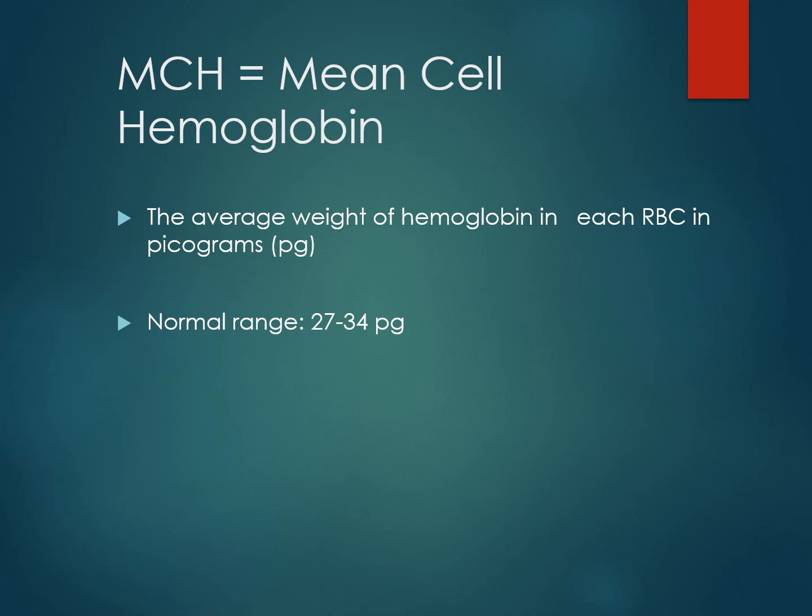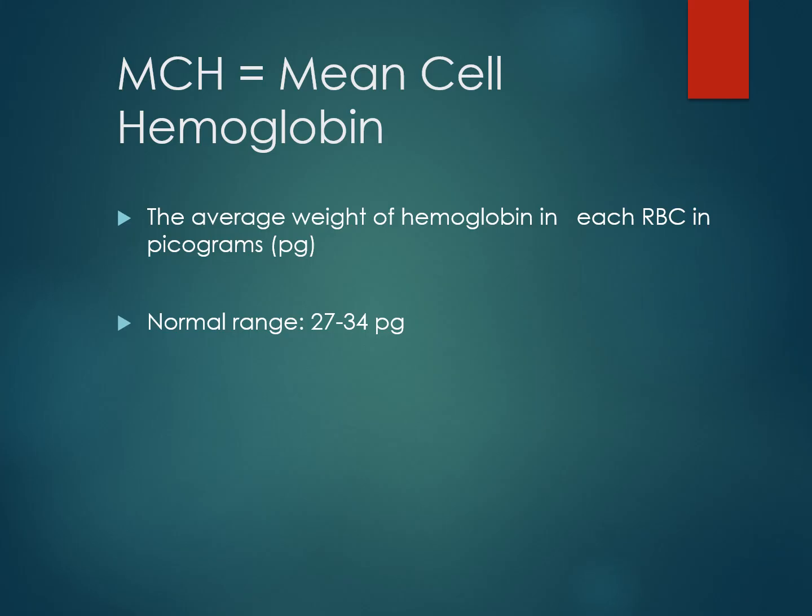This next red blood cell index, the MCH, or the mean cell hemoglobin, is the average weight of hemoglobin in each red blood cell in picograms. So our instrument has calculated the average weight of hemoglobin inside each red blood cell.